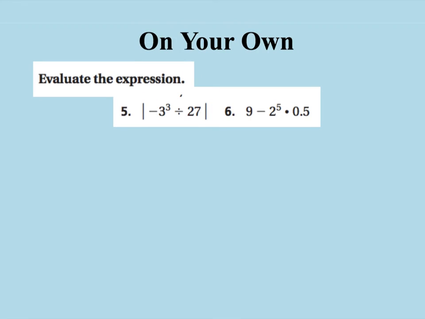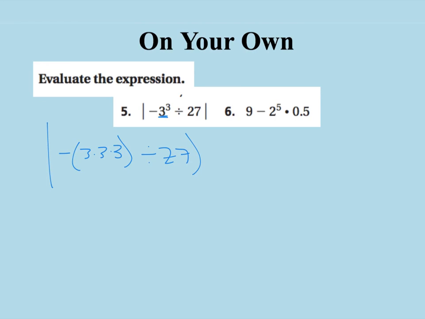Again, you're going to practice examples 5 and 6 on your own. Go ahead and stop the video and then hit play once you are done and you want to check your answers. Alrighty, for our first example 5, we are going to go ahead and evaluate our exponent first because that's the first thing we're going to do. Notice again here our base is a positive 3. So this is essentially negative times 3 times 3 times 3, all in absolute value, divided by 27.